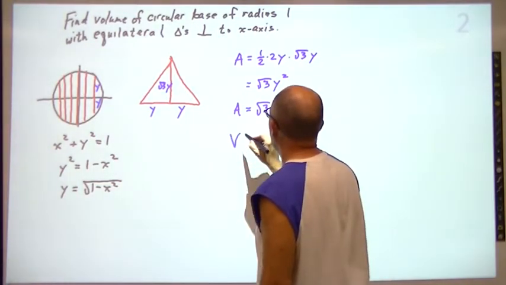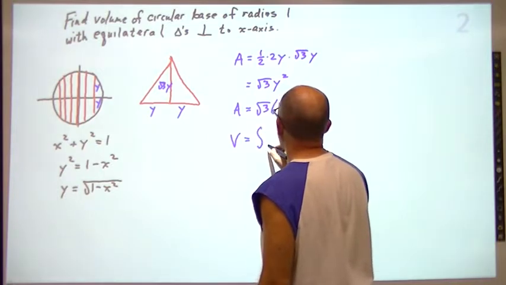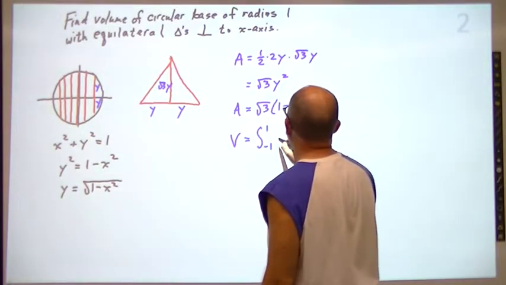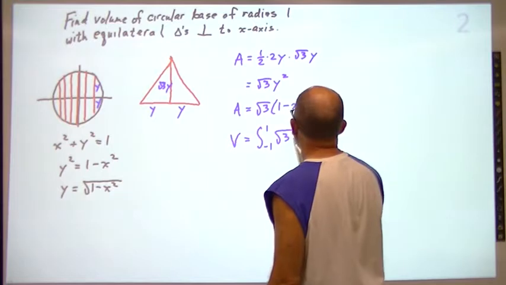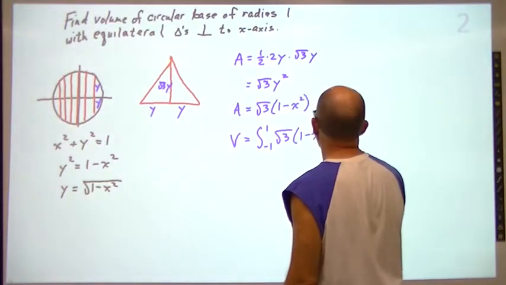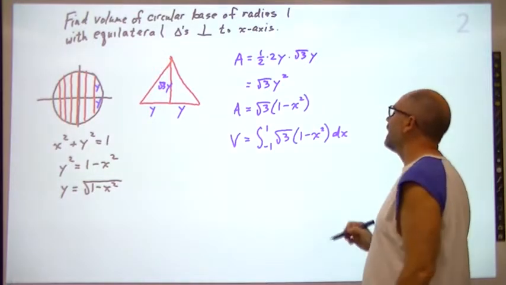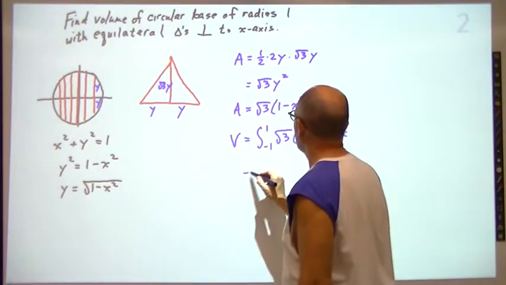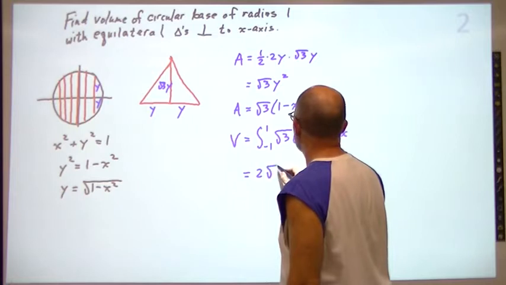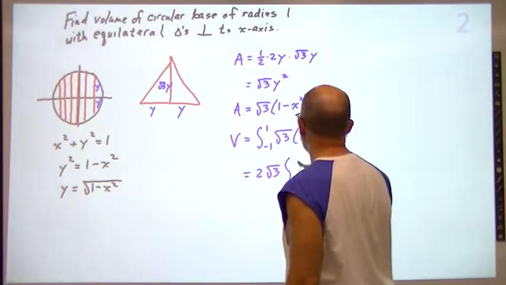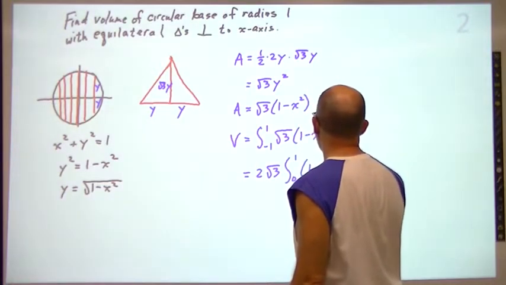Now the volume then is just the integral from -1 to 1 of the area times the thickness of each triangle. And once again, we make this 2 times the integral from 0 to 1 of 1 minus x squared.